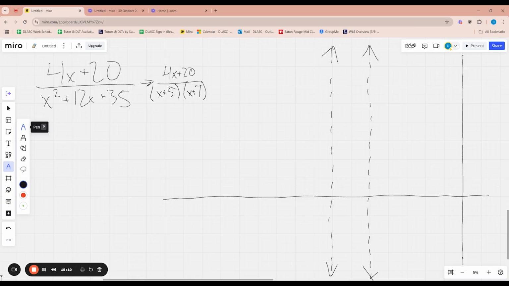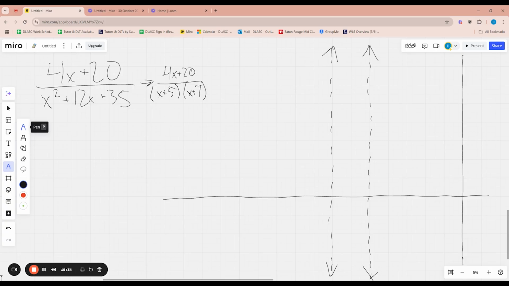So let's do some plotting. We will plot a couple of points. We're going to start with 0, obviously, since we want to see exactly where this graph is coming from. So we'll start with 0.